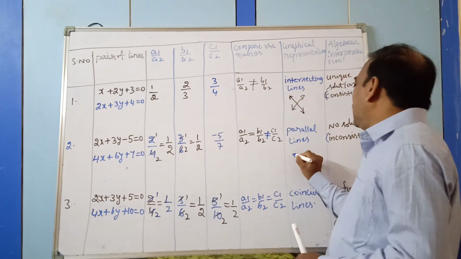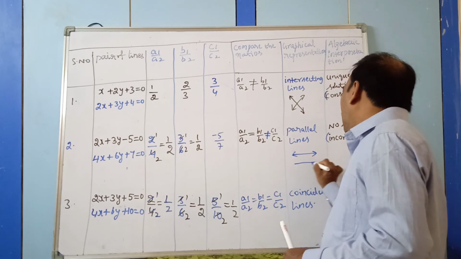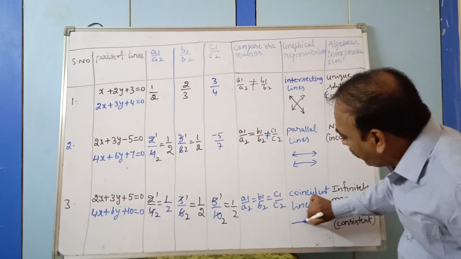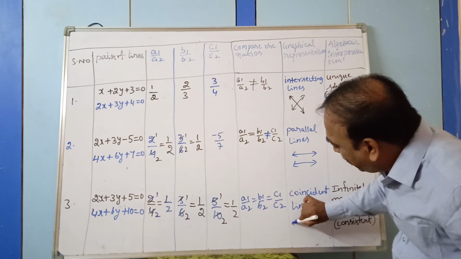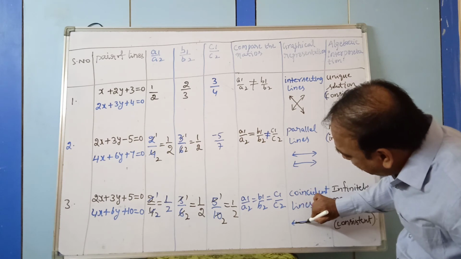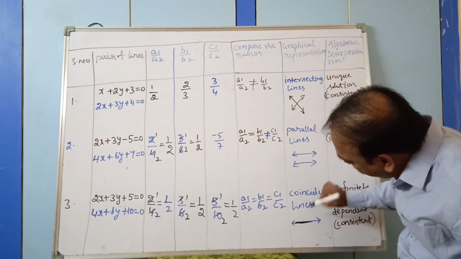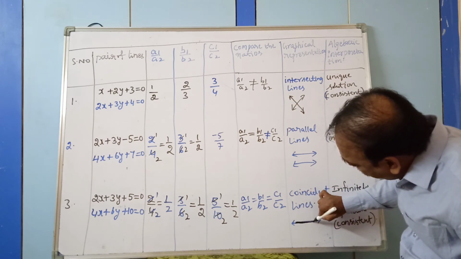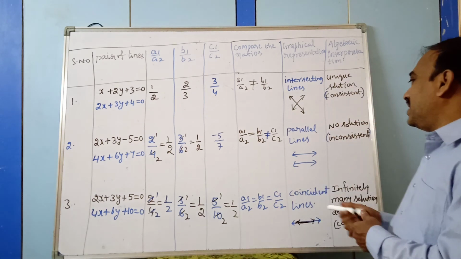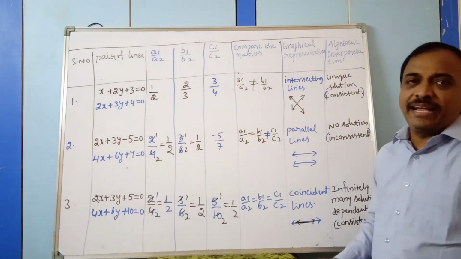You know, the lines are parallel. And coincident lines means they overlap each other, one upon the other. One more line will be on this. This is overlapping. So these are coincident lines, parallel lines, intersecting lines.